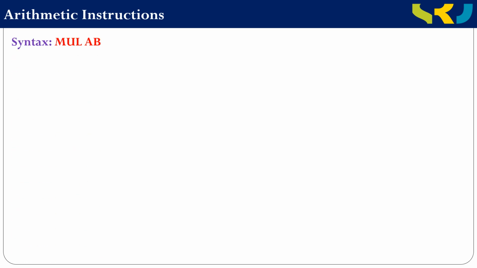For a multiplication instruction, the syntax is MUL AB. One more thing you need to remember here. Before discussing this instruction, first we need to know, when you multiply two n-bit numbers, our product size will be 2n.